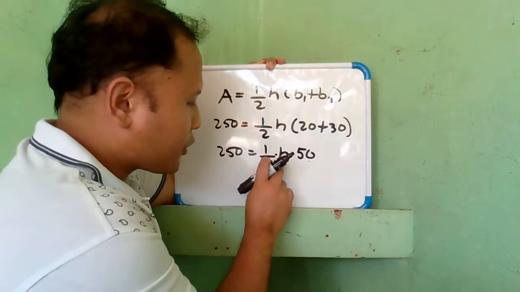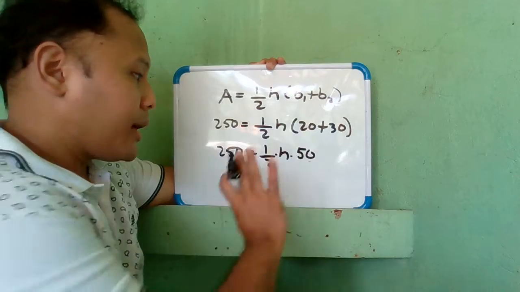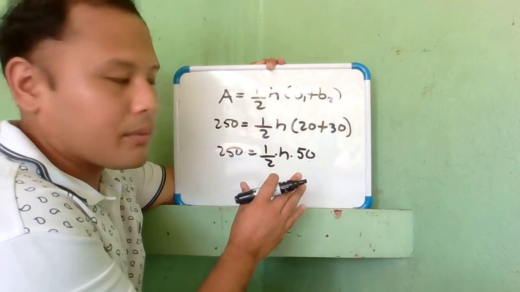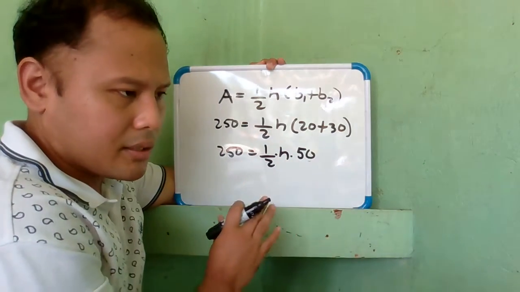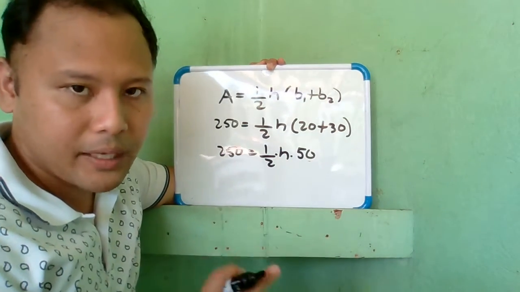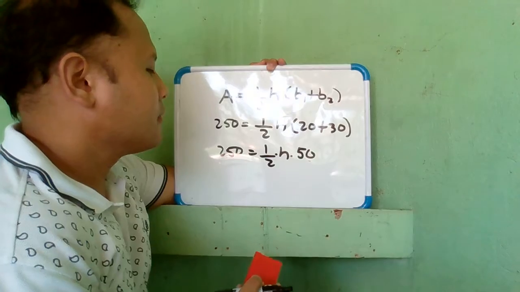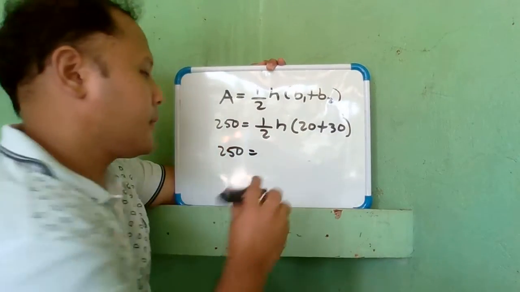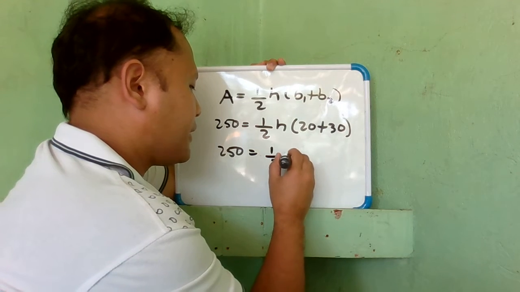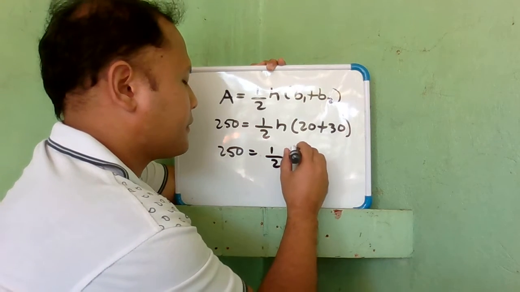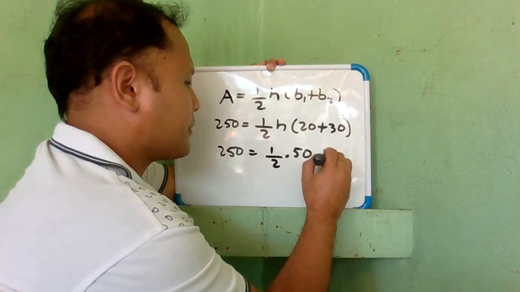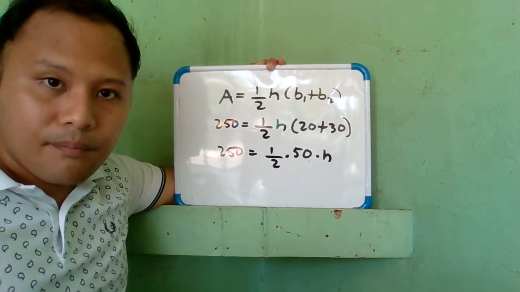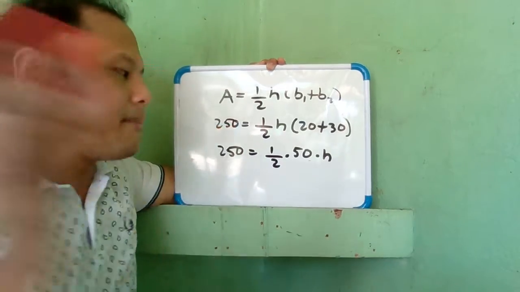So we have to solve the value of h. And we can actually rearrange these terms. As I have told you earlier, because of the commutative property, we can rearrange the factors and the product is not affected. So we can have 1 half times 50 times h. 1 half times 50, that's equal to 25.